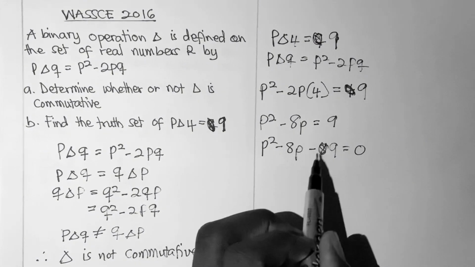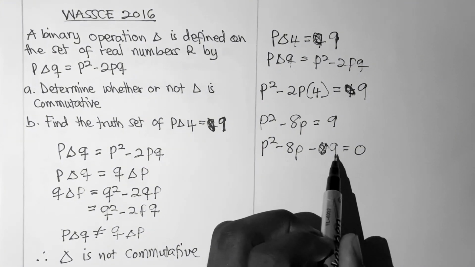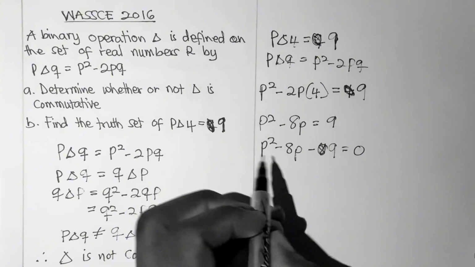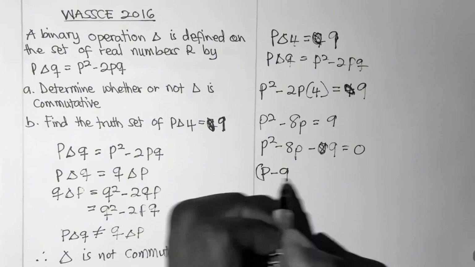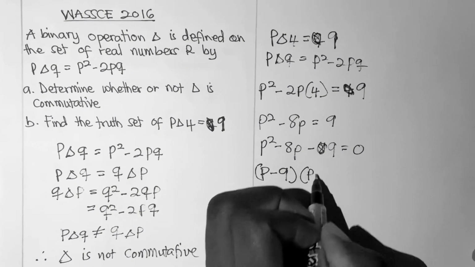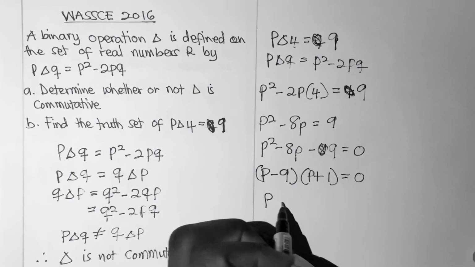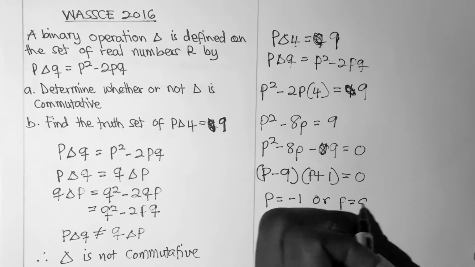So you see that minus 9 times 1 is minus 9. However, minus 9 plus 1 is minus 8. So the factors are P minus 9 in one bracket, and then P plus 1, equals 0. So the values of P are P equals minus 1 or P equals 9.